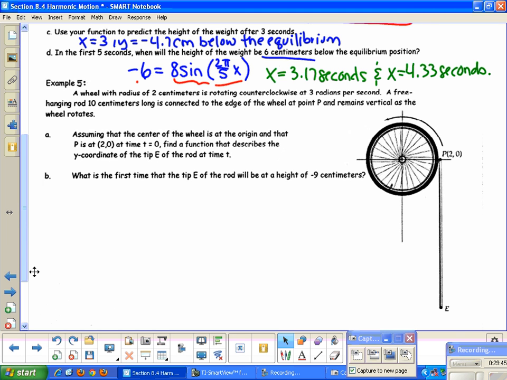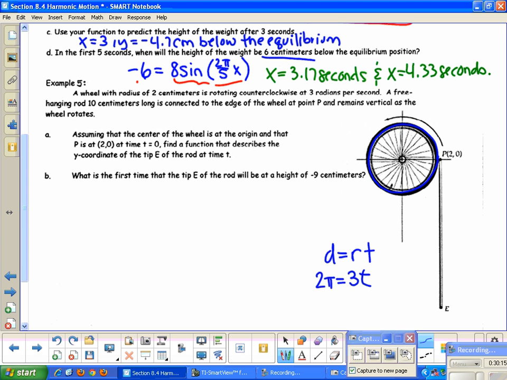Now, the trick for this one is figuring out what one wavelength for your equation is going to be. So if your wheel is rotating at 3 radians per second, well, how do we figure out what the time is going to be to complete one revolution? So remember that distance equals rate times time. So the distance it takes to go all the way around would be 2 pi is equal to my rate, and of course my rate in this case is 3 radians per second times time.